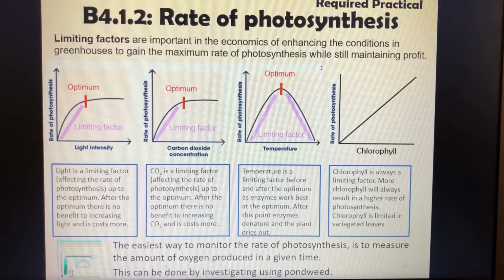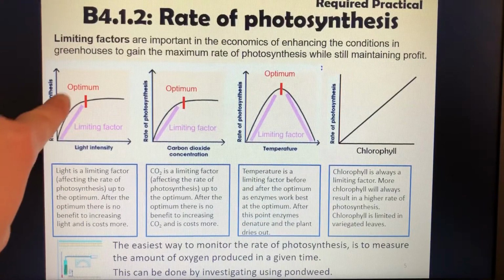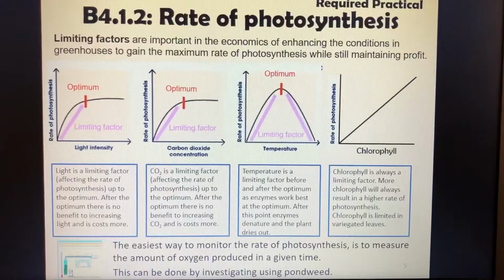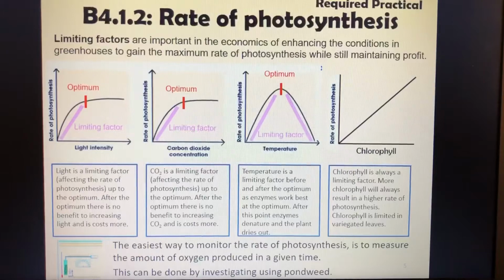Now we're looking at all of these different graphs. As light intensity increases, the rate of photosynthesis increases to this point. That means that more oxygen was being produced as the light intensity increased. And then we get to this best point, which we call the optimum.